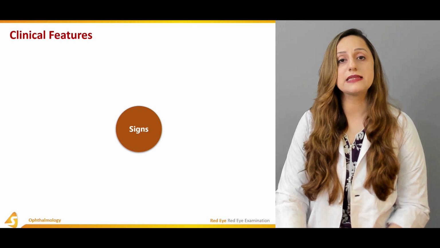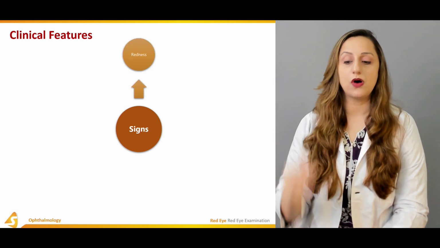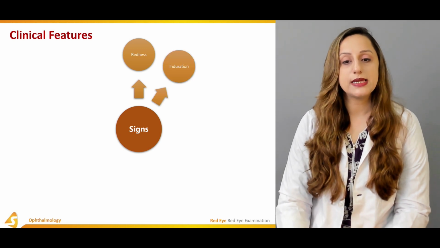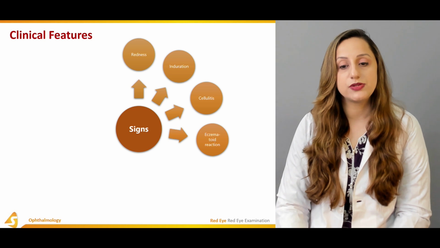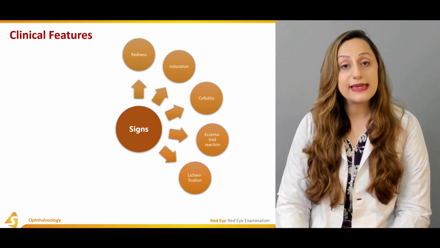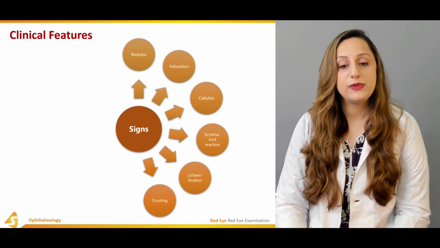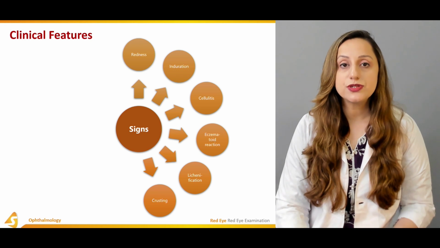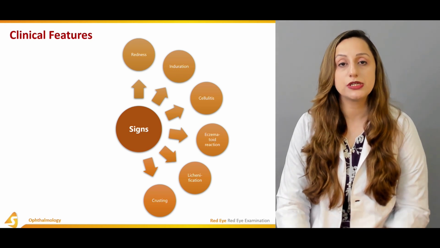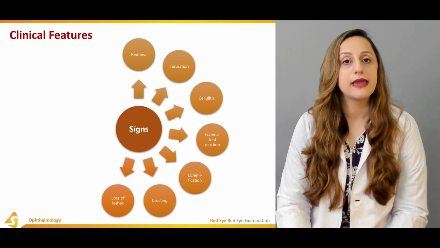The signs and symptomatologies over here would include redness of the eye that is associated with induration, cellulitis, eczematoid reactions, and lichenification, that is basically the thickening of the skin. Then we have the crusting that is associated with the secretions or the purulent discharge associated with blepharitis when the meibomian glands are involved.